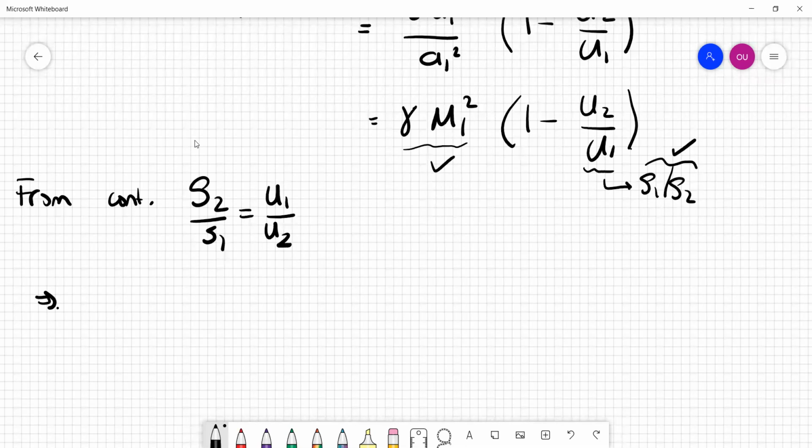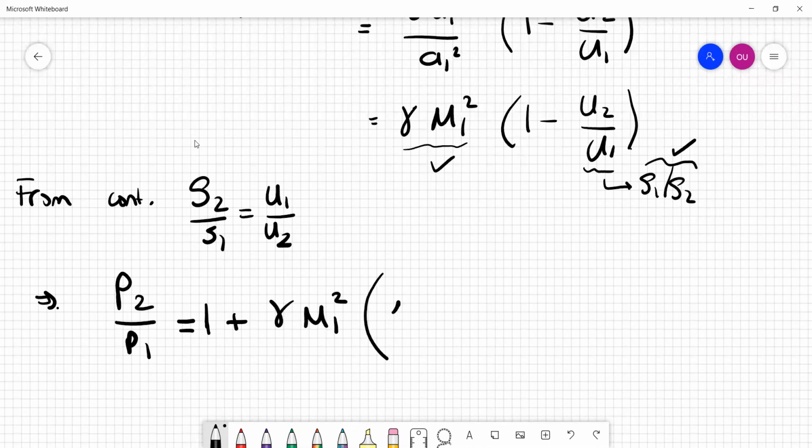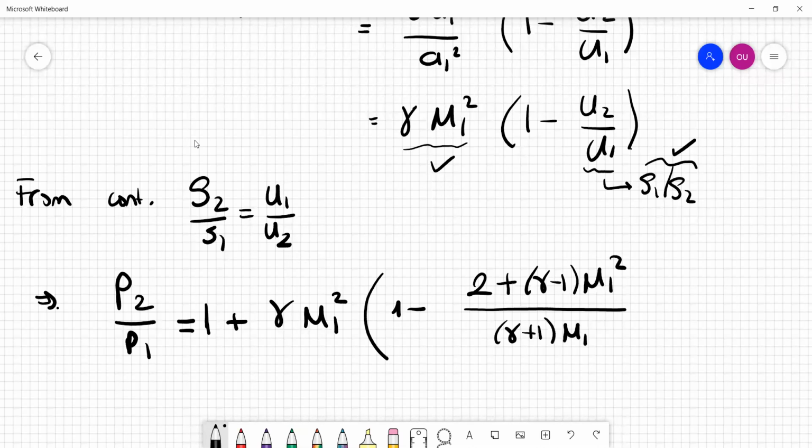So if I combine all of this, P2 over P1 minus 1, or I can take the 1 to the right-hand side, becomes 1 plus gamma times M1 square multiplied by (1 minus (gamma minus 1) M1 square divided by (gamma plus 1) M1 square).